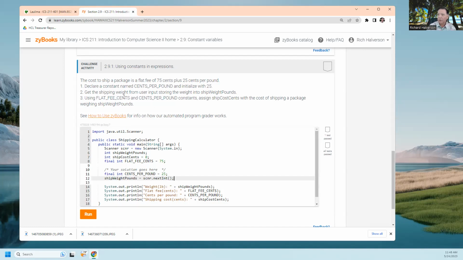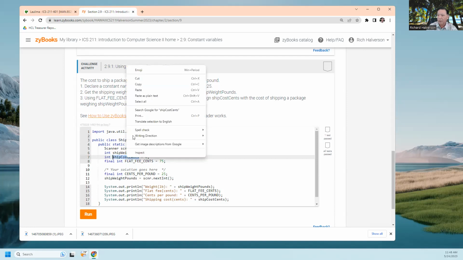And then I'm also supposed to use this and assign this thing. Okay, so it is shipping cost cents. So I'm assigning this a value.